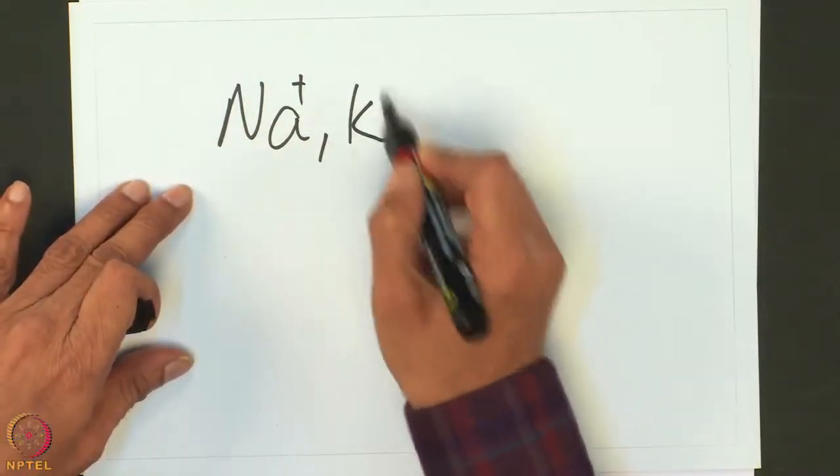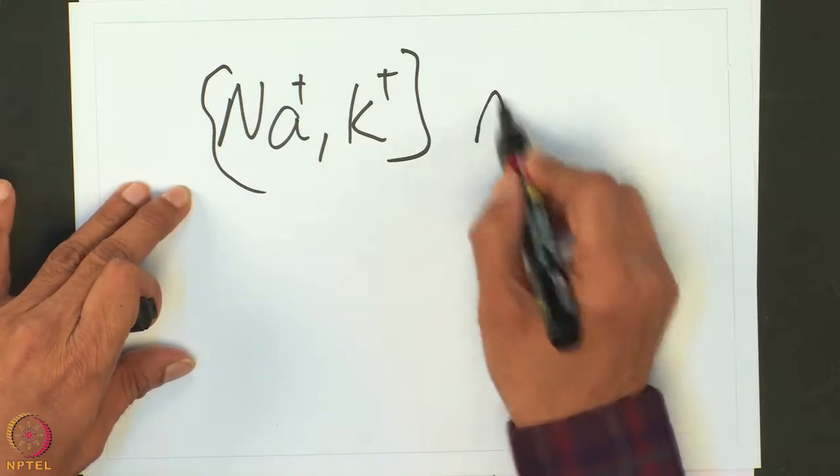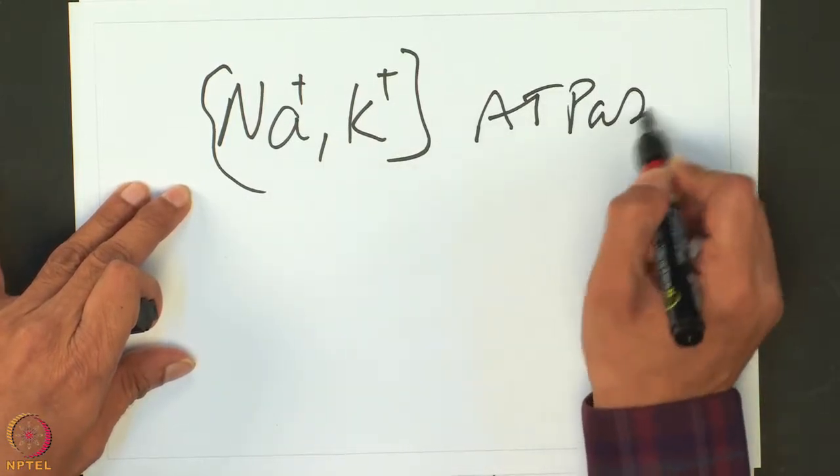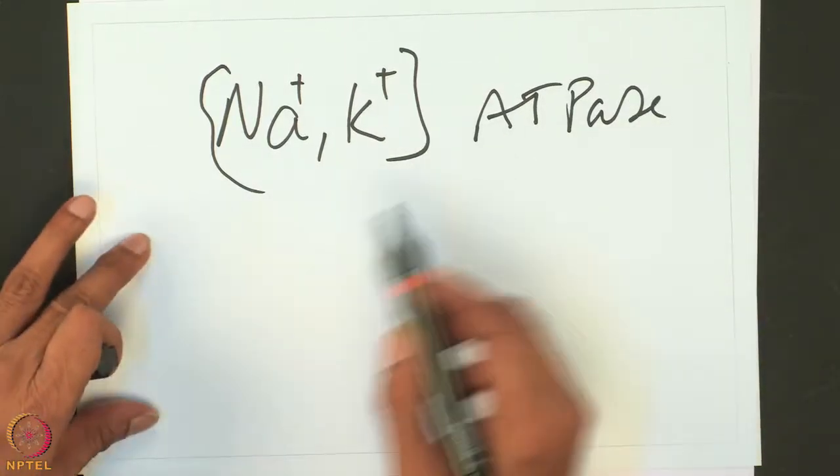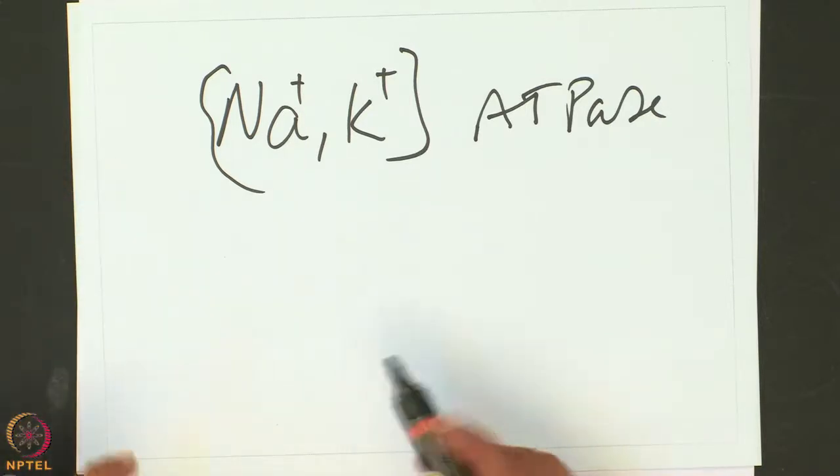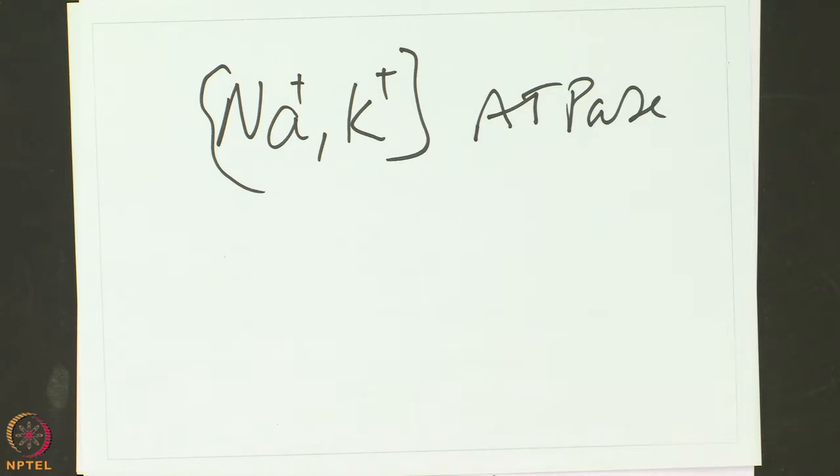In the next aspect we have talked about ATPases and the sodium, potassium ATPase. Initially it binds to 3 sodium ions in the initial conformation, and then phosphorylation is triggered.